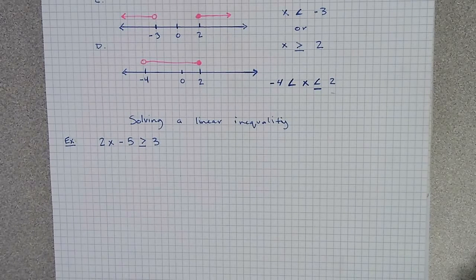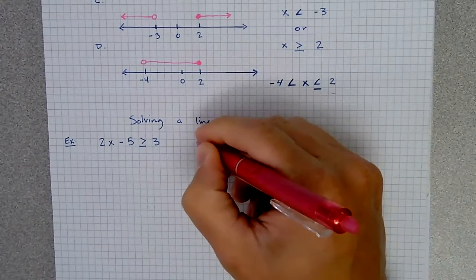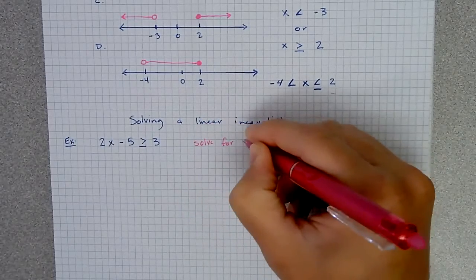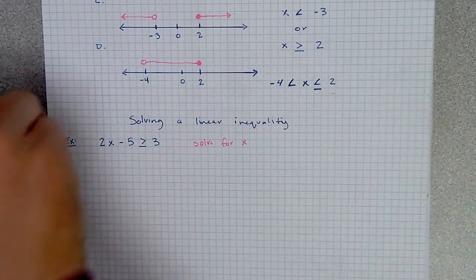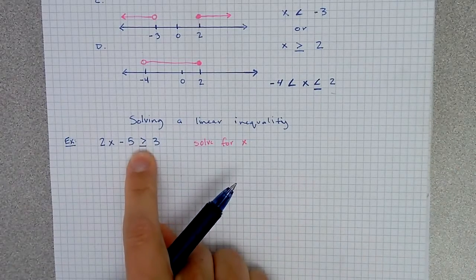So we got 2x minus 5 greater than or equal to 3. So all we're doing is basically exactly what we would normally do if it was an equal sign. And we're just going to solve for x. We're going to treat this inequality like it's an equal sign.